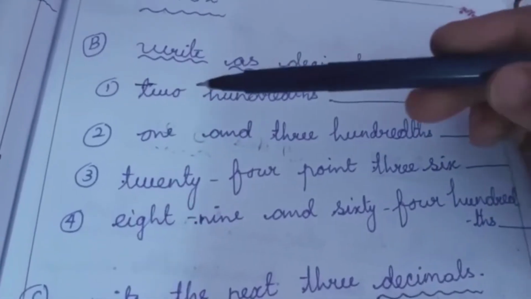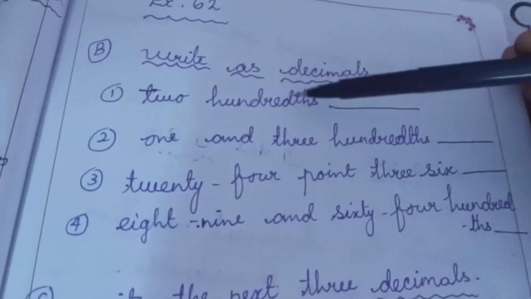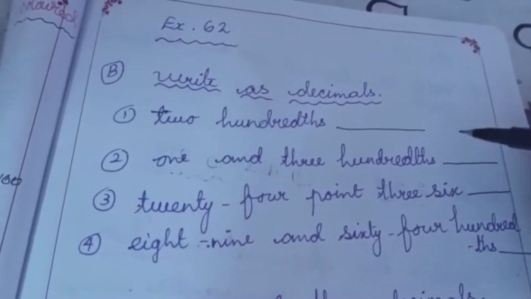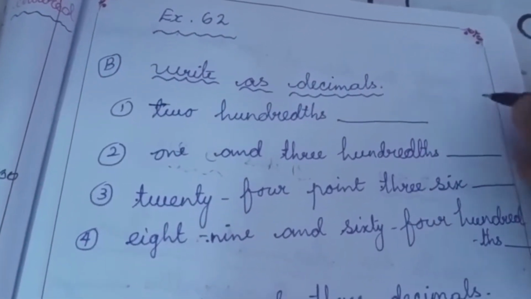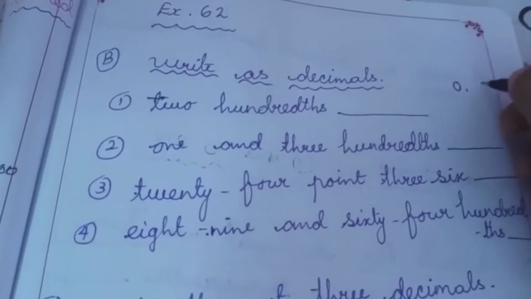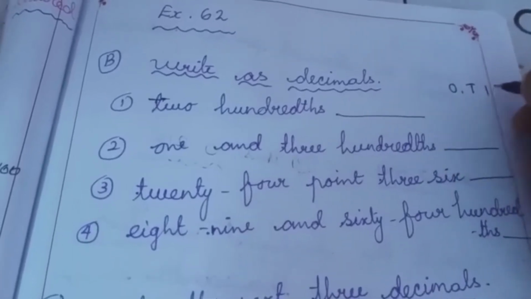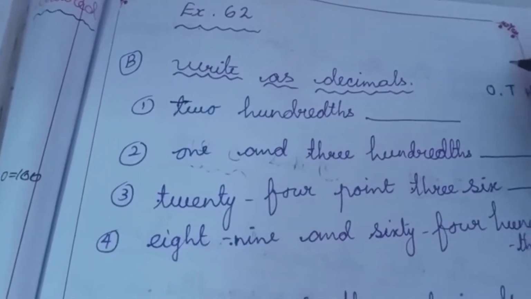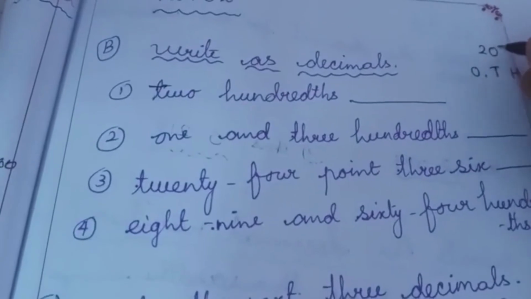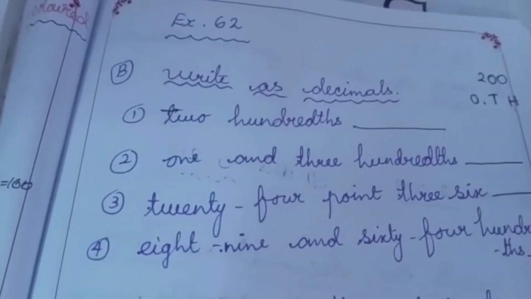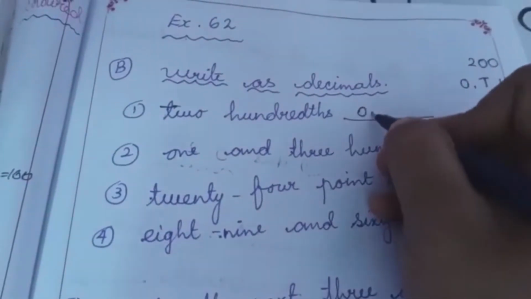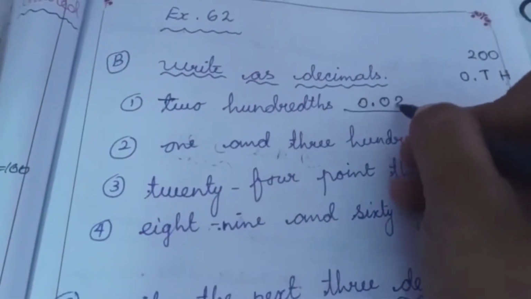Now read the sentence. 200s. How will we write 200s? I have told you ones, tens and hundreds, right? 200s, that is 200. When we write it in decimal, it will come as 0.02.